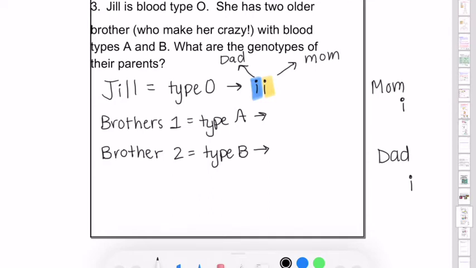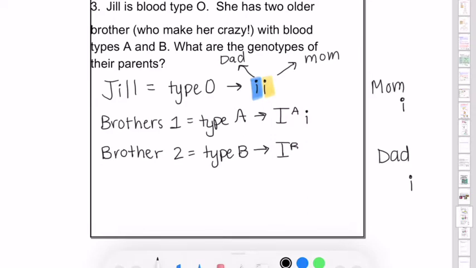Now these brothers, they're type A and type B. So to be type A, he would have to have IA, and because he's going to get one from each parent, he's going to have a little i. Why?